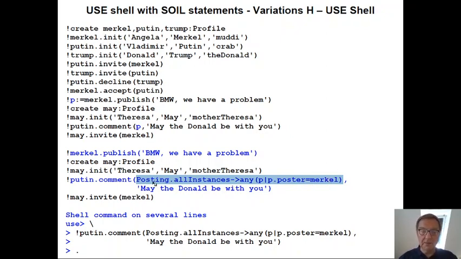At this point in the script, in the dynamic behavior, there is exactly one posting object for which this is true, and this query will exactly yield the only posting object that is available. And so the alternative for keeping track of particular objects with a variable is that you can formulate a query at the particular point on the shell.